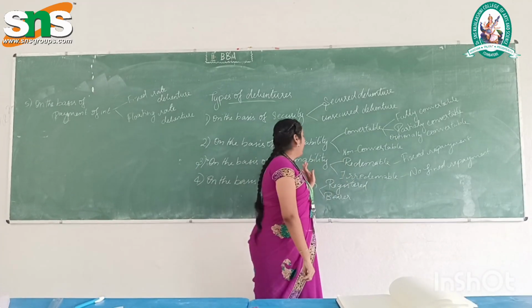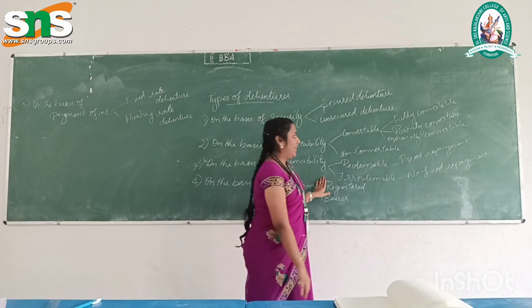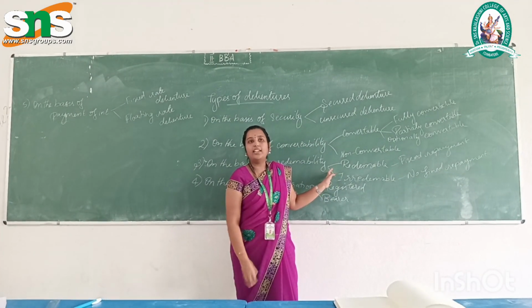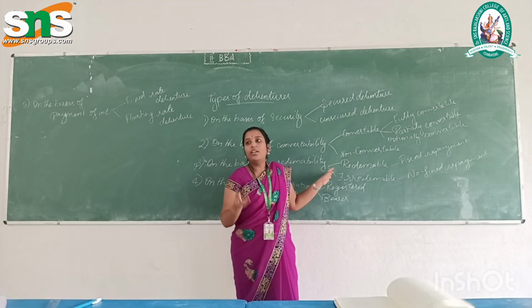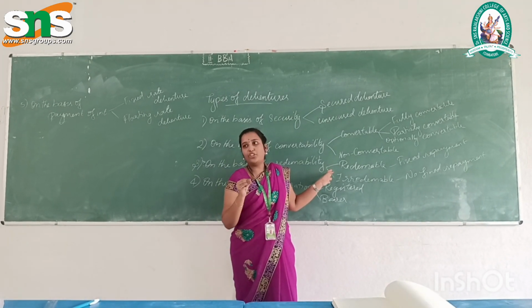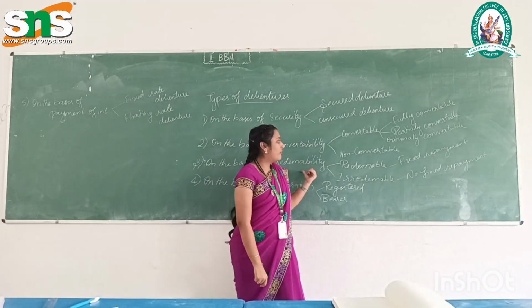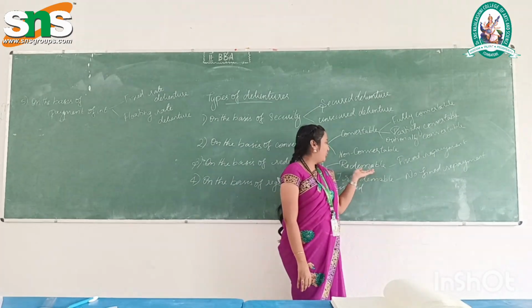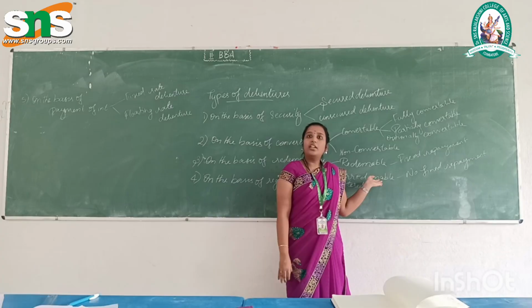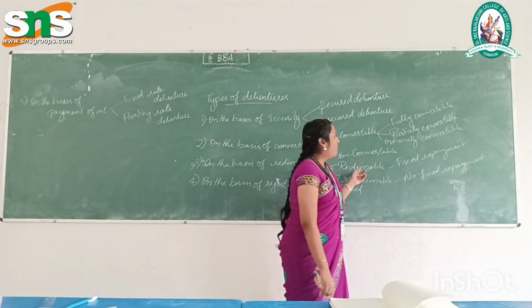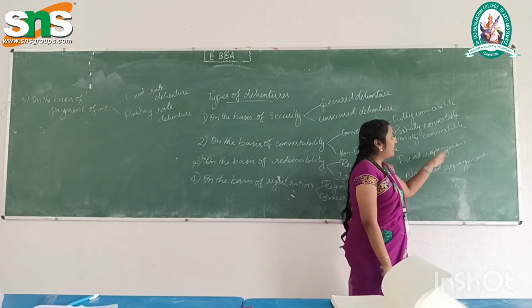Clear? Next, on the basis of redeemability. Redeemability means how we are repaying the amount, either in a fixed duration or in a fluctuating duration. On the basis of redeemability, it is categorized into redeemable and irredeemable. Redeemable means a fixed repayment period.